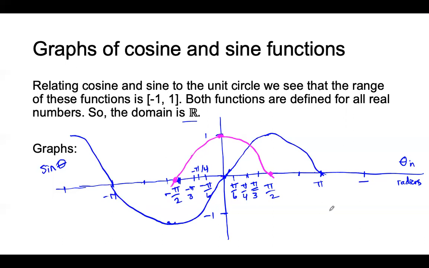It doesn't really matter exactly here. You could read the table. So this one would be cosine.